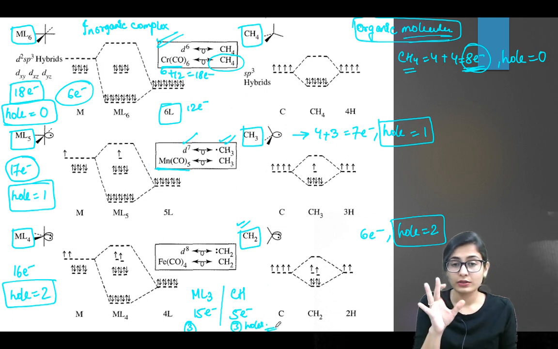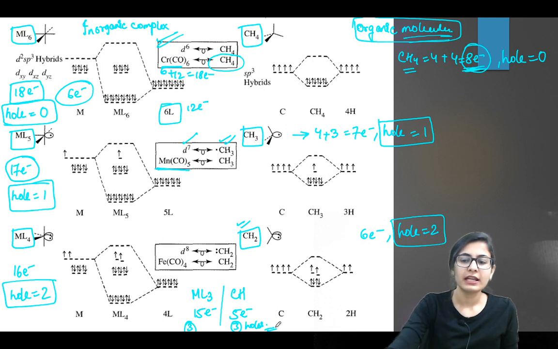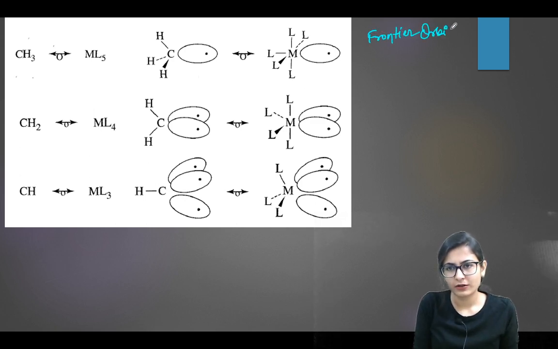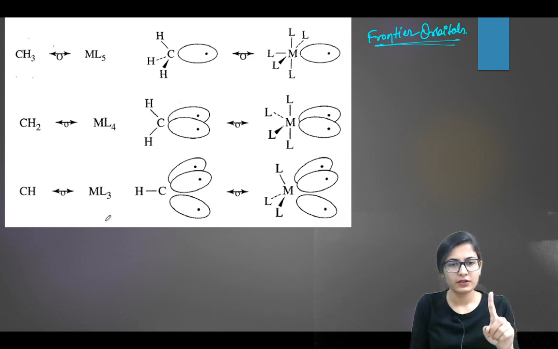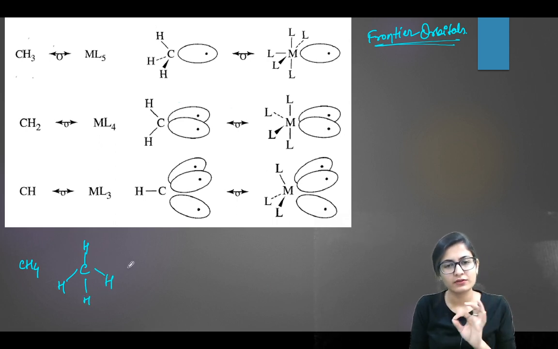Okay, this is what we did for the comparison based on the hole analogy. Similarly, if we focus on the frontier orbitals, all of the examples are the same. First, for CH4, it has all of its sp3 orbitals bonded with hydrogen, so there is no hole and no free orbital.